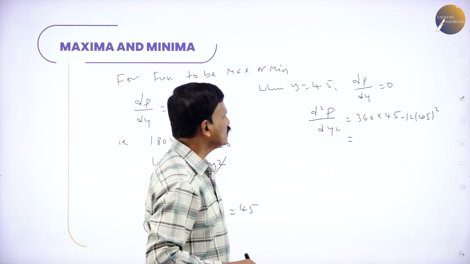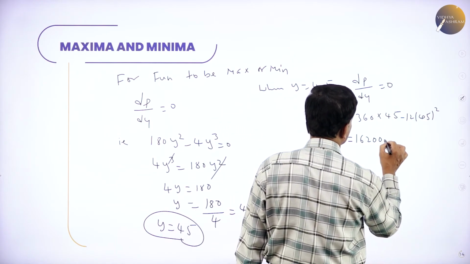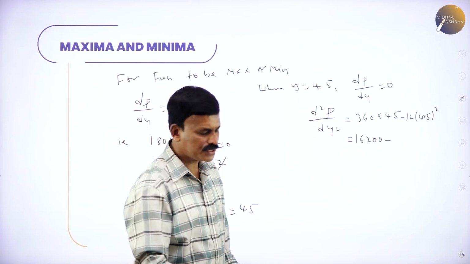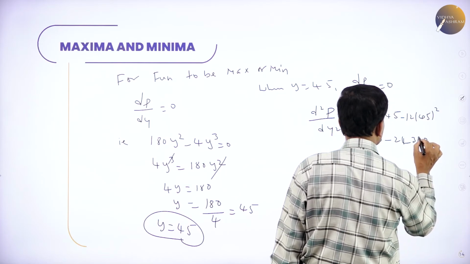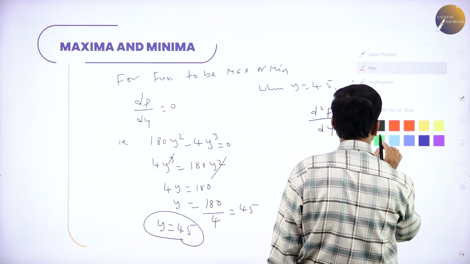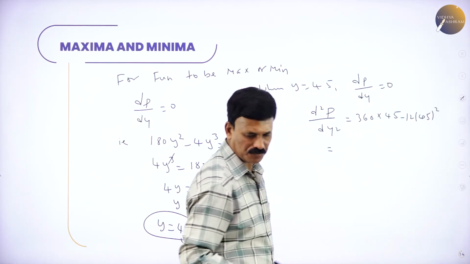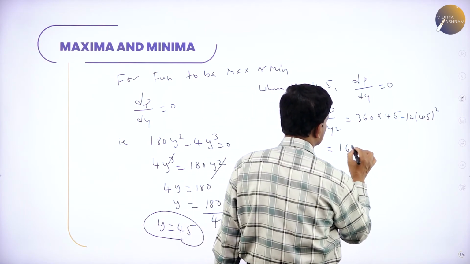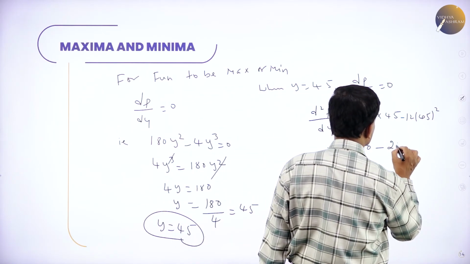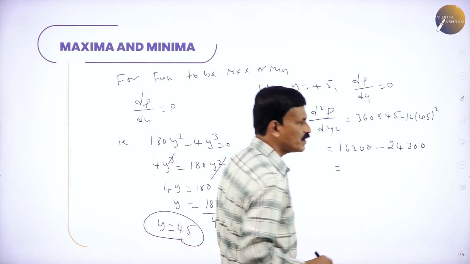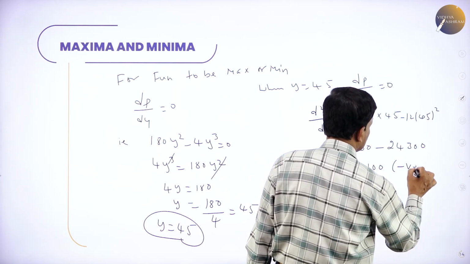On simplifying, this is equal to 16,200 minus 12 into 2025, which is 24,300. On simplifying, what is this equal to? Minus 8100. This is negative, less than 0.